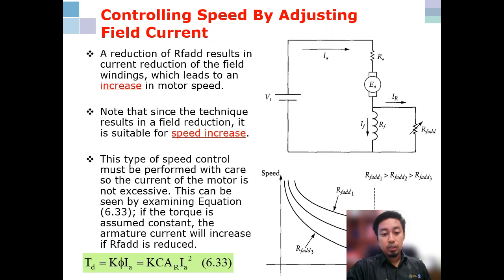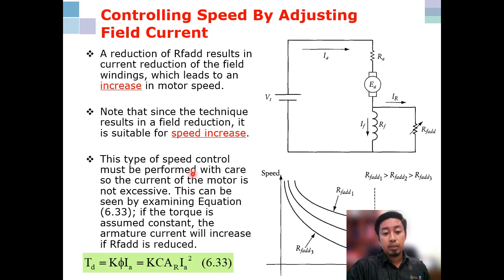Controlling the speed by adjusting the field current: a reduction of the RF additional results in a current reduction of the field winding, which leads to an increase of the motor speed. You can see here this value, RF additional 1, is higher than RF additional 2, and higher still than RF additional 3.